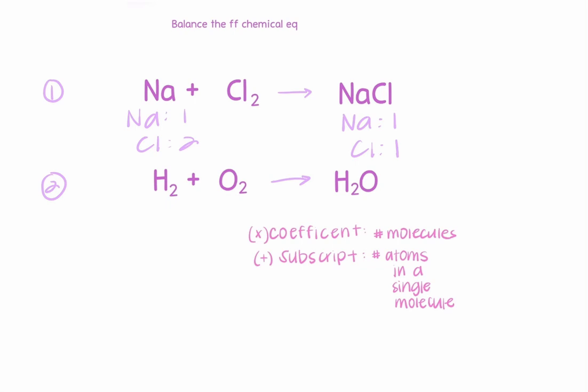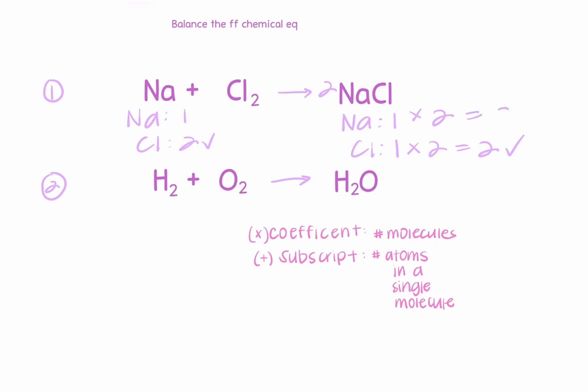Always start with the smallest. So chloride 1, we're going to multiply it by 2. Now we have 2. Perfect, right? That's good, balanced. However, remember I said a while ago with the distributive property, there's one Na, and if we multiply it by 2, now we have 2 sodiums.